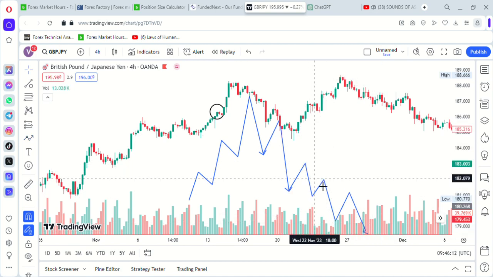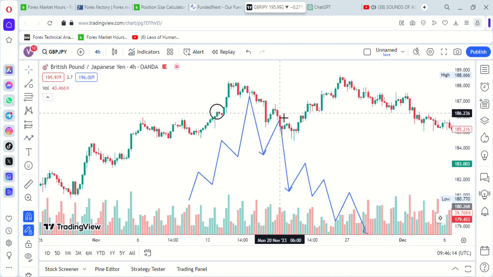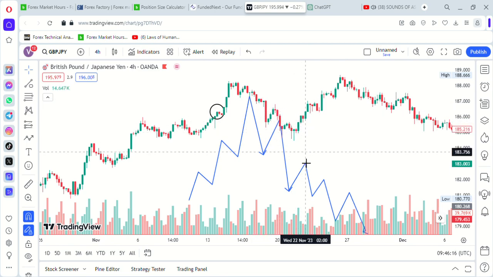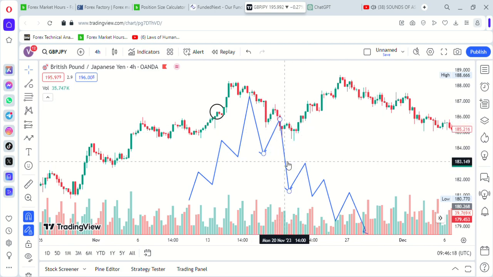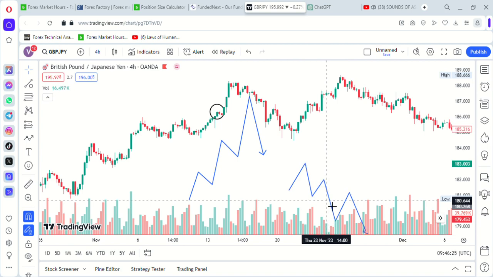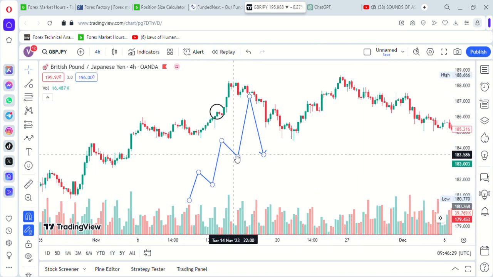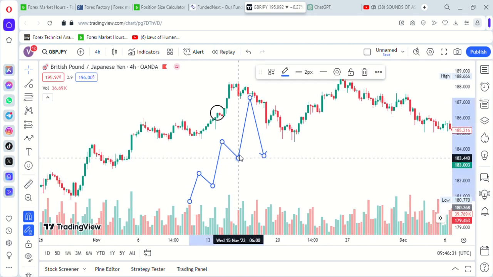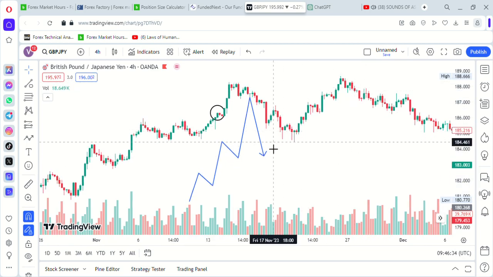You see, instead of higher high, this one is lower than this one. So that is what I mean by higher high and lower low. With time you will understand all these things. I'm just testing your knowledge because we'll go deeper with time.